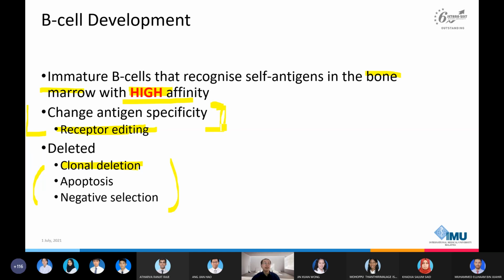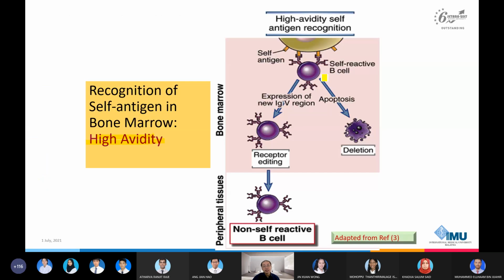However, you still have a chance. Unlike T cells, where once you fail, you die, B cells are much more flexible in the sense that they can reseed their paper. How they reseed is through receptor editing. As you can see, self-reactive B cells with high avidity or high affinity result in clonal deletion.